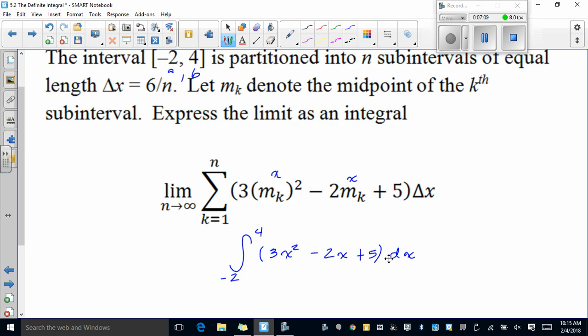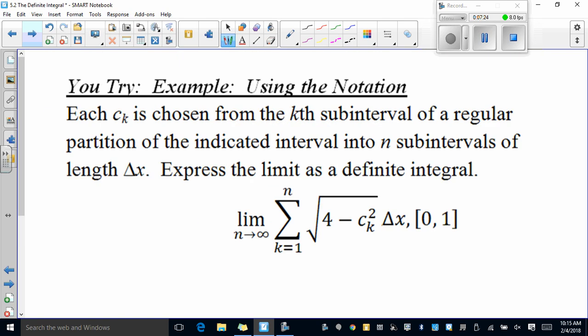Okay, so let's do the next one. c sub k is chosen from the kth subinterval of a regular partition of the indicated interval into n subintervals of length delta x. Express the limit as a definite integral. This time they wrote it a little bit different. Here's your a and b. So we go through and we're like, all right, we can ignore this.